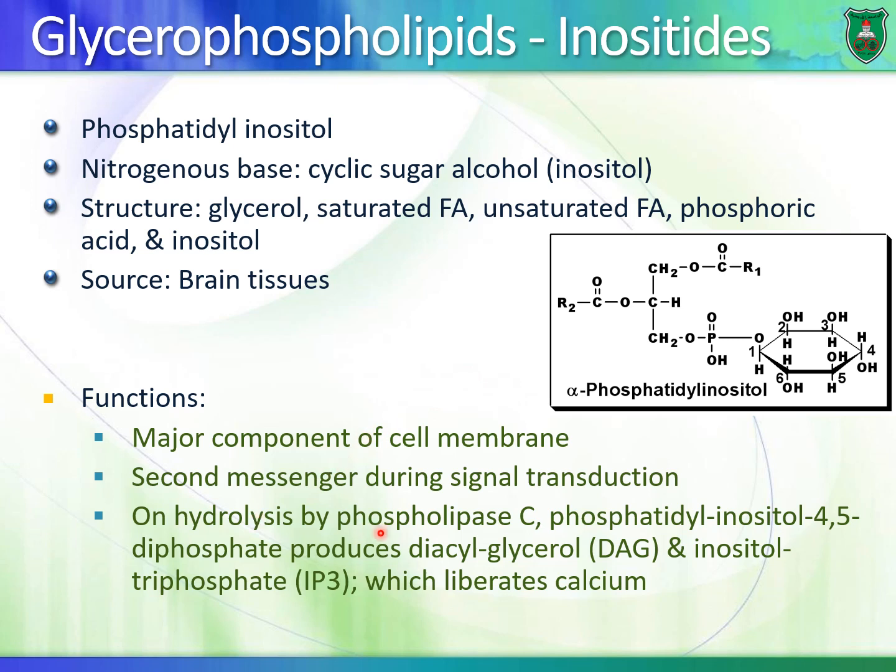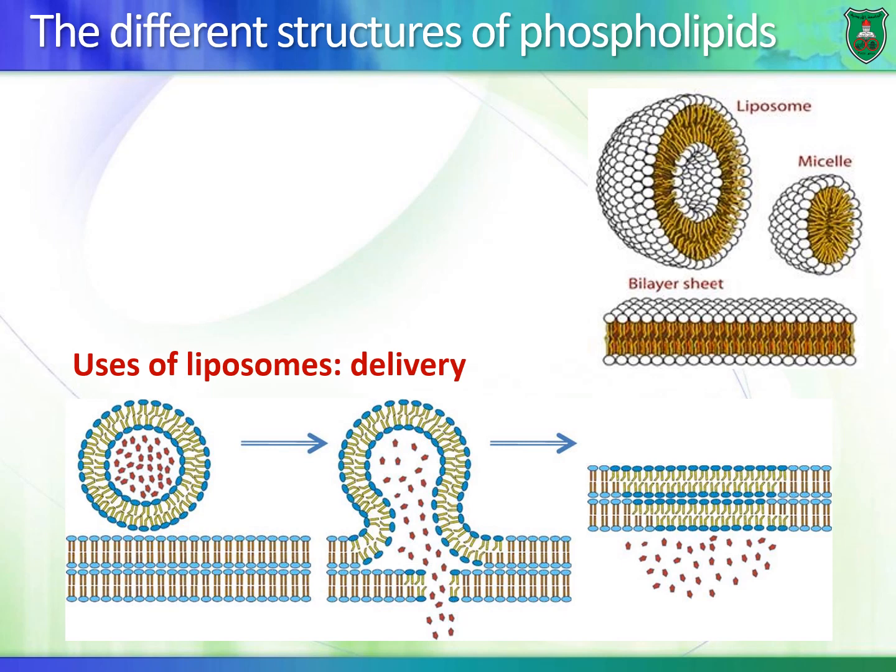Basically, it can be hydrolyzed by an enzyme known as phospholipase C, producing 2 molecules known as diacylglycerol and inositol triphosphate, and they activate signaling pathways. We'll talk about this later on, maybe in this course or in the endocrine course. So there are different types of phospholipids.